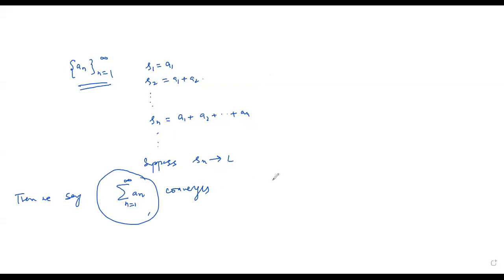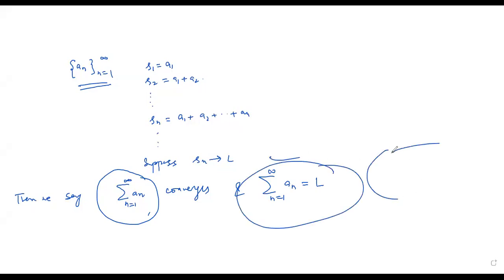And we also write summation a_n, n runs from 1 to infinity, is equal to L. So basically this is equivalent to saying that limit n approaches infinity, this sequence of partial sums is equal to L. तो ये तो खैर था ही.